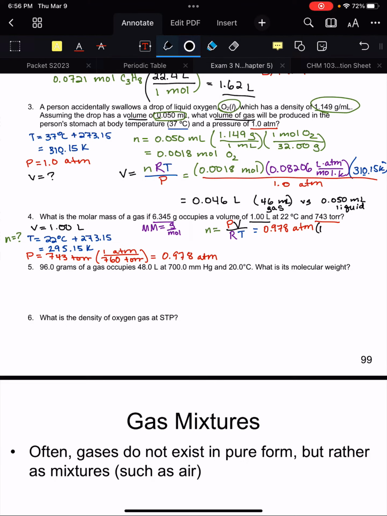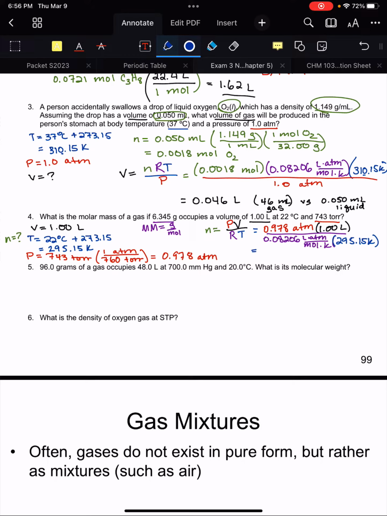Volume is 1 liter. The R value is 0.08206 liters times atmospheres over mole Kelvin. And the temperature in this one is 295.15 Kelvin.